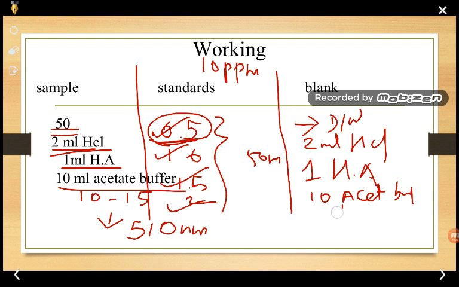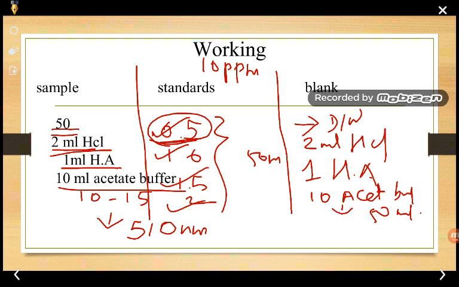So we have to make it to 50 ml, and then we have to take the OD by adjusting the 0.